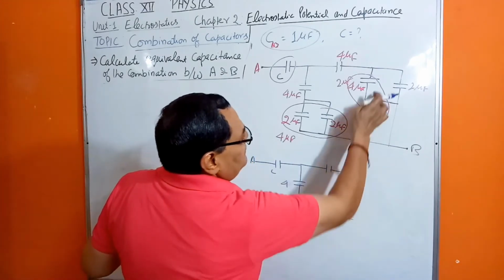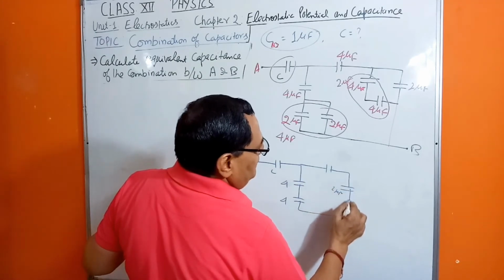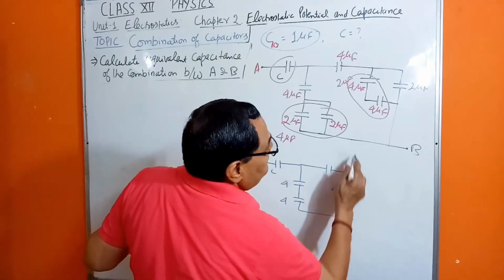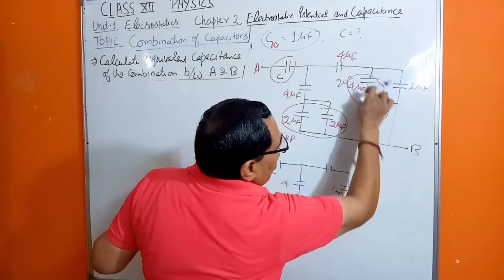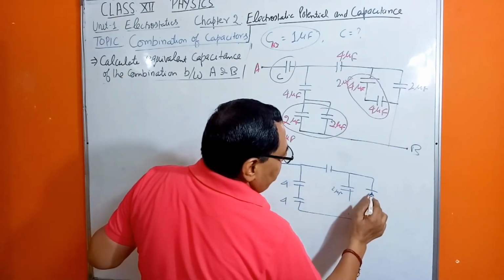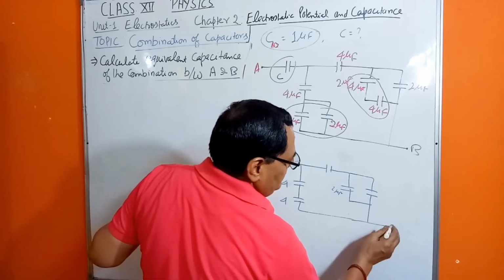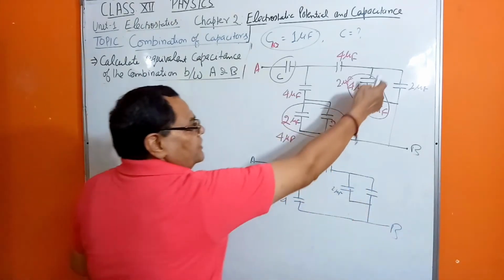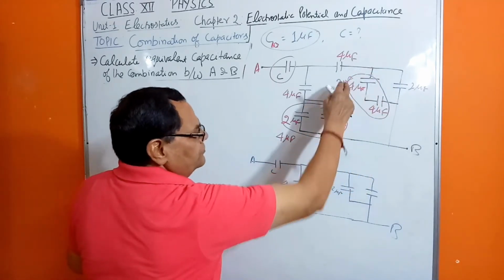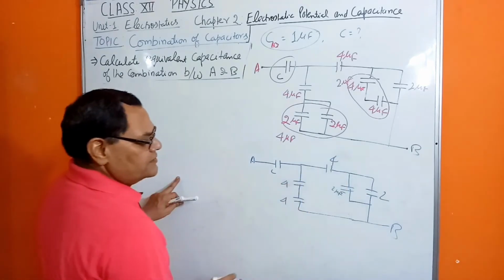Now these two become 2 microfarad. So this is basically the final combination. In place of these two we got 4, 4, 2. So it's a 2 microfarad, the 2, the 4, and this.